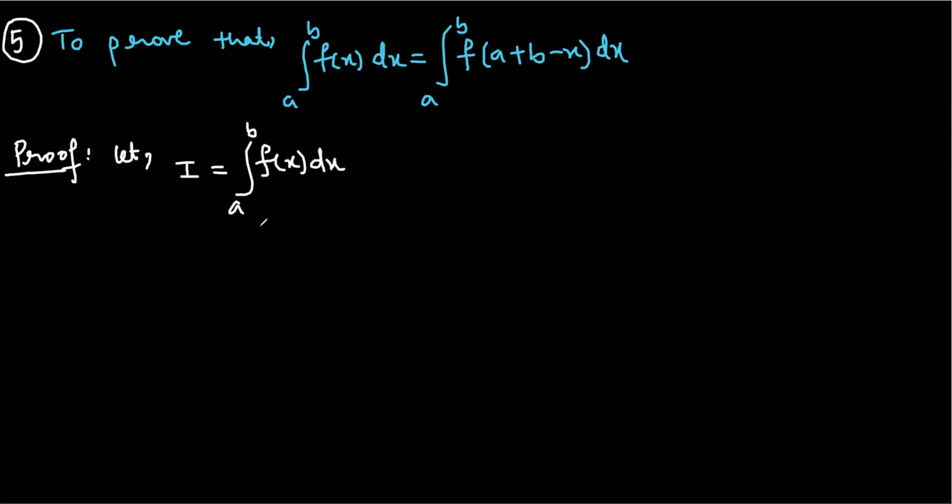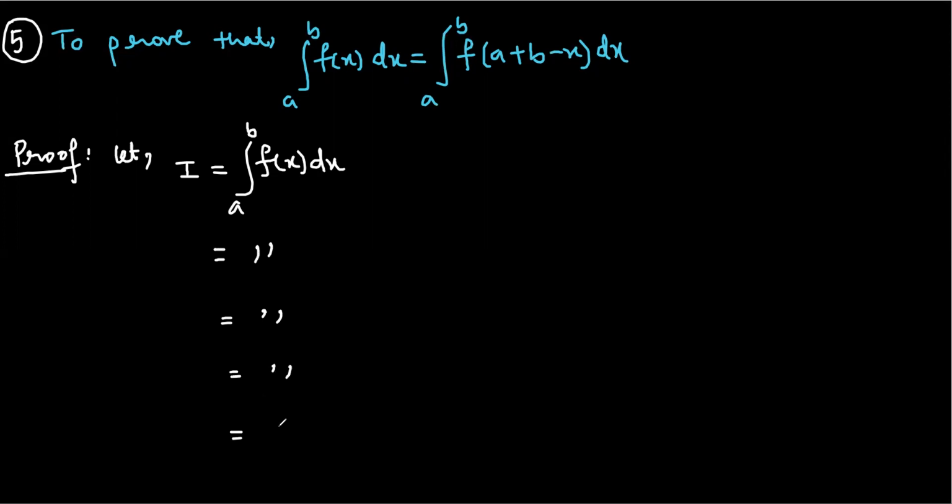Once again, what is my aim? My aim is to prove that integral a to b f of x dx is integral a to b f of a plus b minus x dx. So when I start with my theory, I would be writing something here, then something here, then something here.